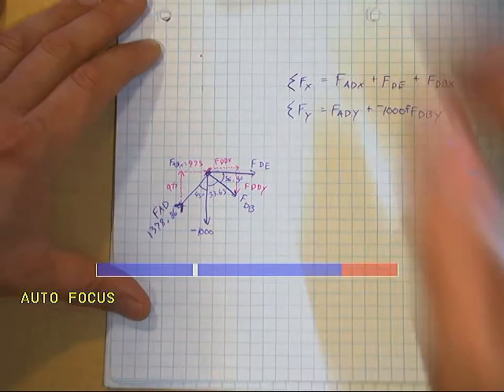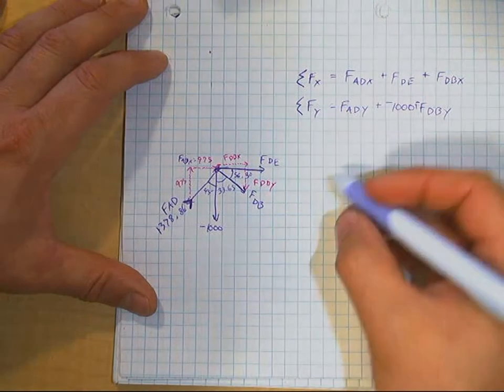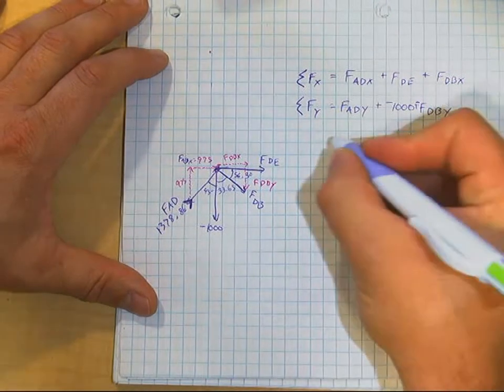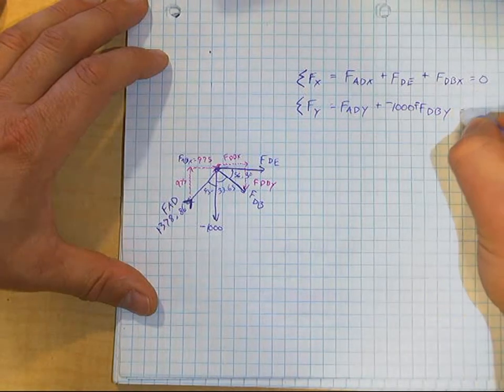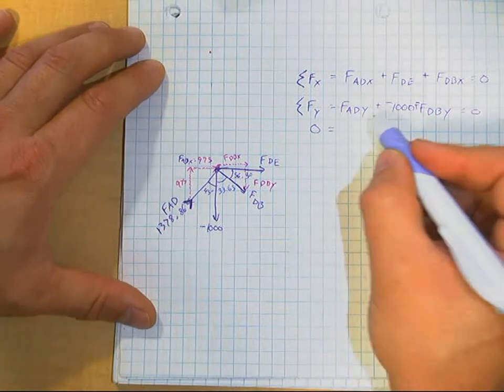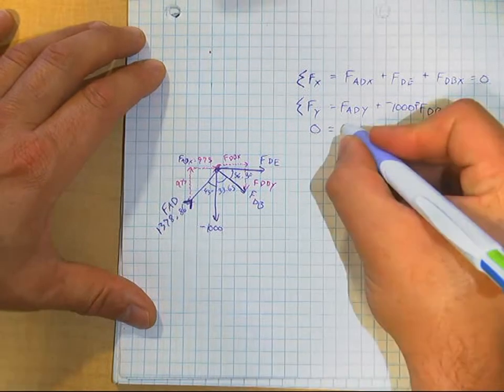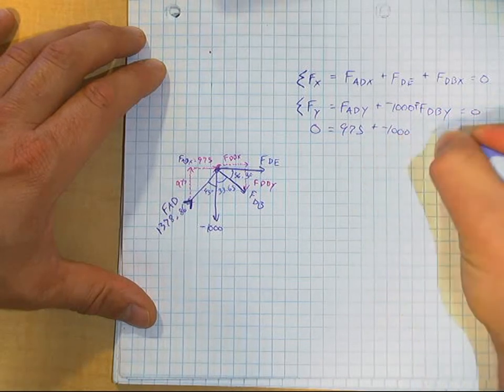All right, so we're continuing with our summation here. Let's go ahead and calculate. We're going to start with our summation of y. We know both of these sum to 0. So we have 0 equals FADY, which we already know is 975, minus 1,000.